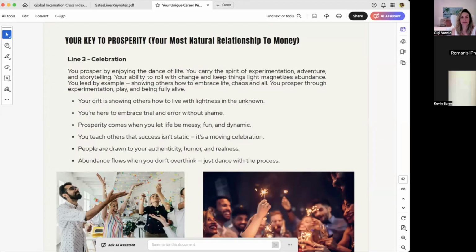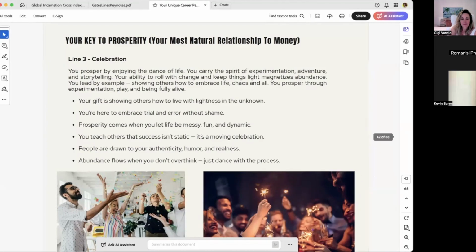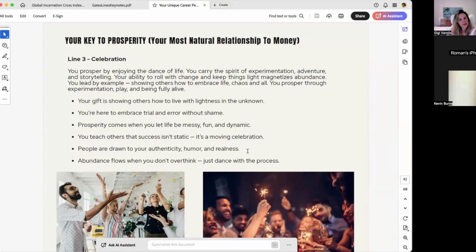So I'm just starting to teach it since I'm now allowed to. It's a process. It's just getting up and getting moving, and it's a moving celebration.